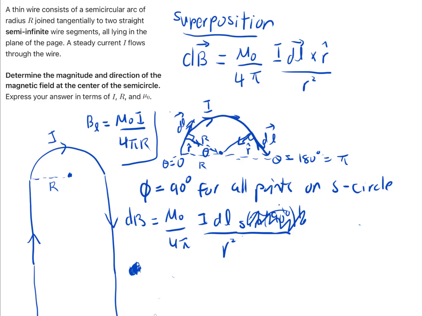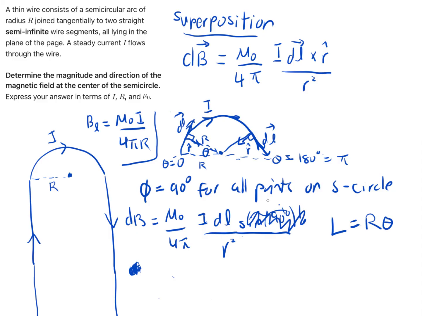So let's start with one relation here. We know that for a circle, if theta is measured in radians, then the length along the circle is equal to the radius r times the angle theta from the horizontal in this case. But here, to use this, theta must be in radians.